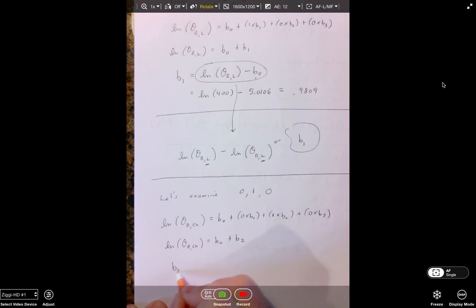So therefore, beta 2 is just the natural log of the observed value when we have a Democrat who is pro-choice minus beta 0. And this value, for a Democrat who is pro-choice, is 250. Okay, so let me put that in the calculator. And we get 0.5109.